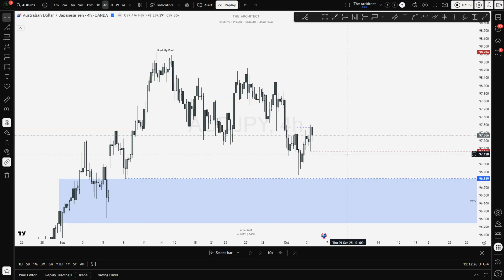On the H4, this is my intermediate term price time frame. On the weeklies, long term, we understand that the draw on liquidity is at this point. On the H4, we're trying to confirm whether the market is in fact following that idea or not. For a period of time, the H4 was in bullish institutional order flow.